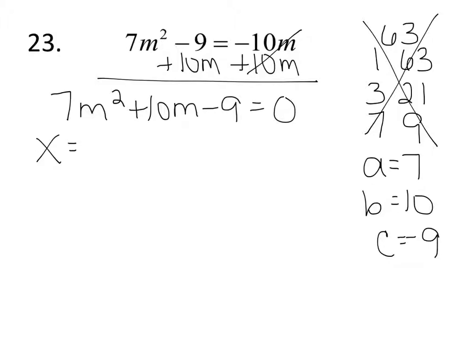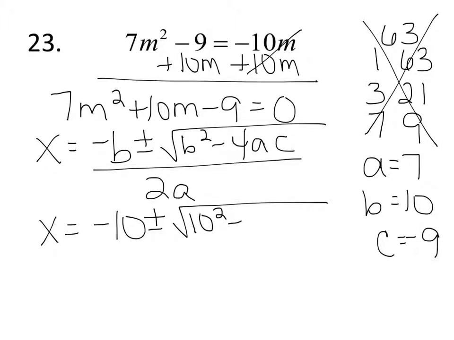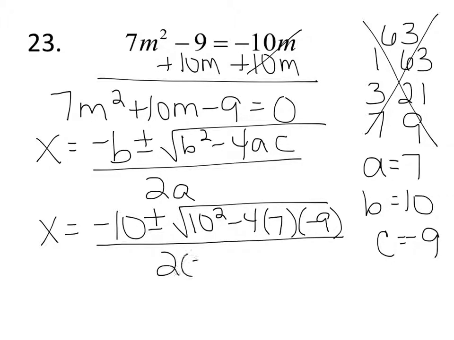The quadratic formula says x equals negative b plus or minus the square root of b squared minus 4ac all over 2a. So let's go ahead and plug in. Negative b is negative 10 plus or minus the square root of 10 squared minus 4 times 7 times negative 9 all over 2 times 7.